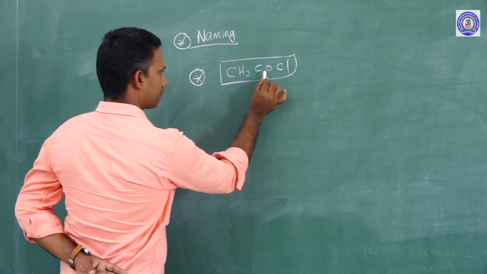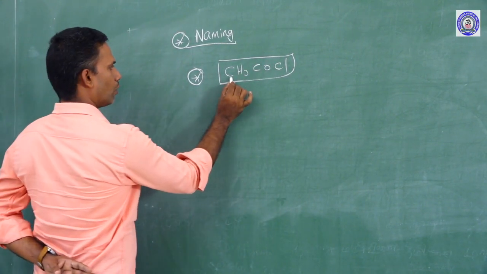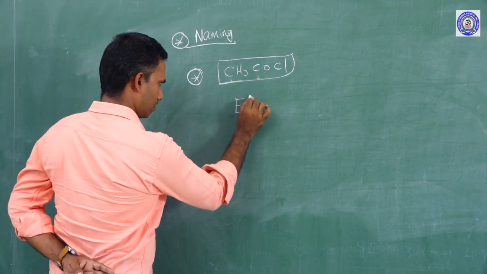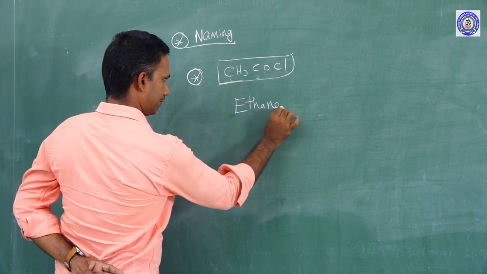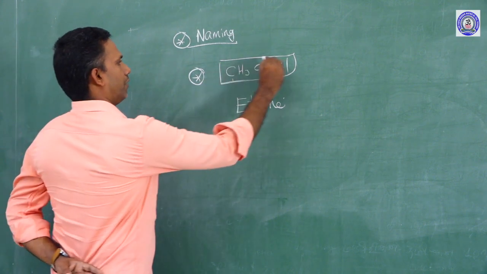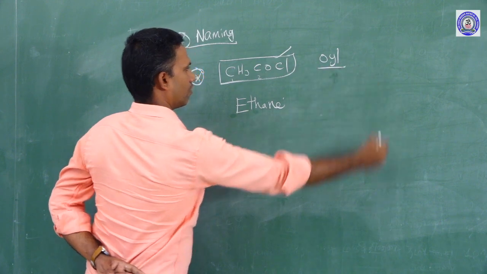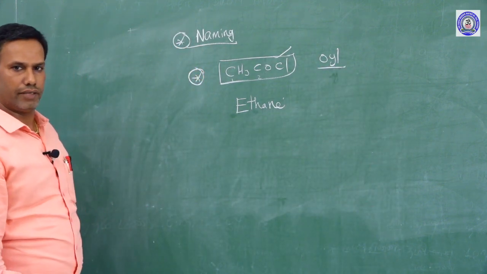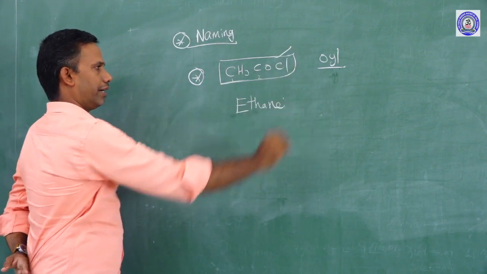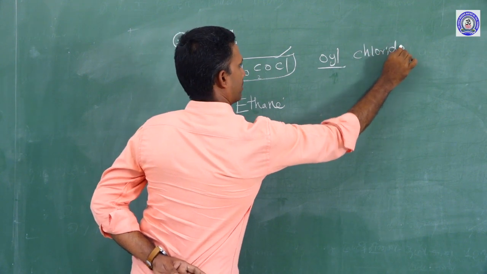See here, the root word comes from the number of carbons counted. How many carbons are there? 1, 2. So 2 carbons, so the root word is ethane. For acetyl chloride, we need to give the suffix OYL. If it is a halogen, chlorine means chloride, so the word chloride should be added.